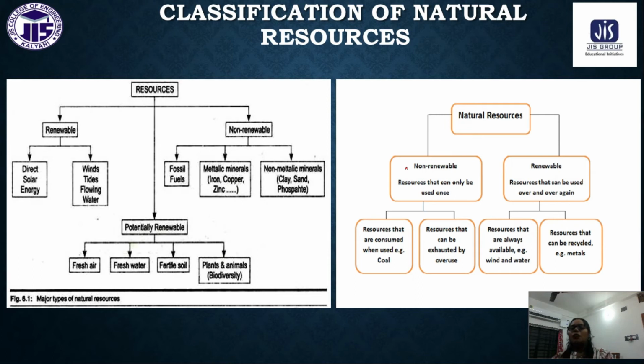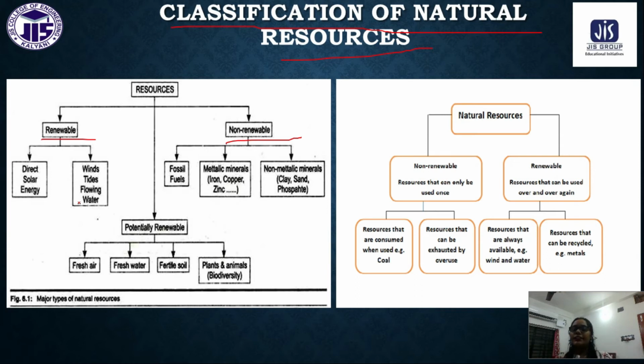Now a very important portion: the classification of natural resources. As I told you, resources are of two types: renewable and non-renewable. There are two types of renewable resources.